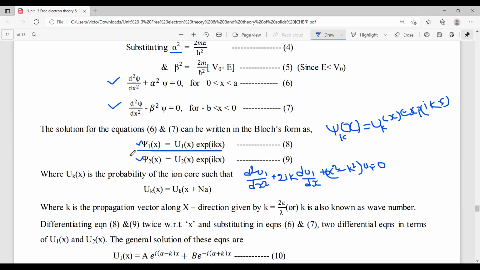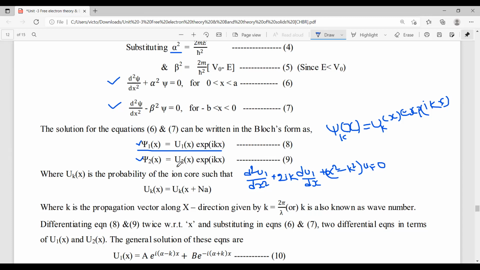That means equation 8, differentiated with respect to x two times and substituted in equation 6, gives an expression in terms of u1.